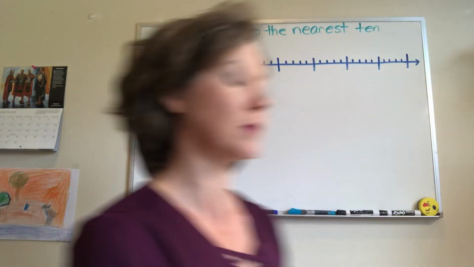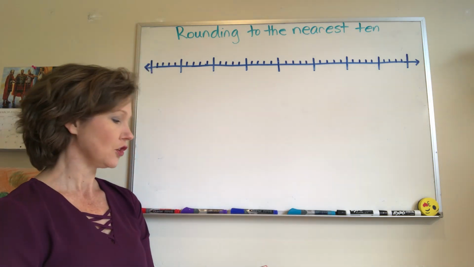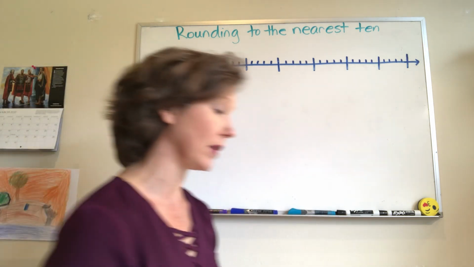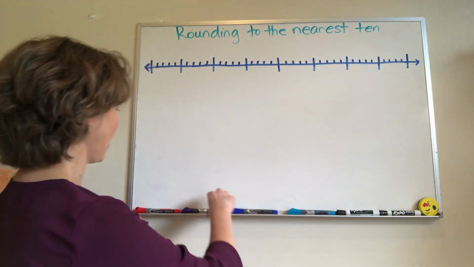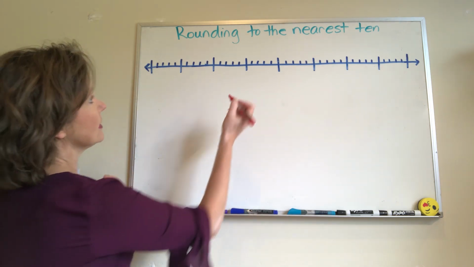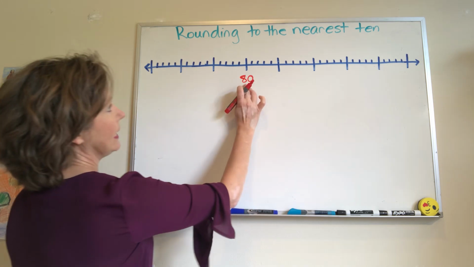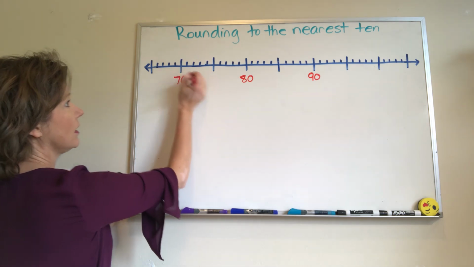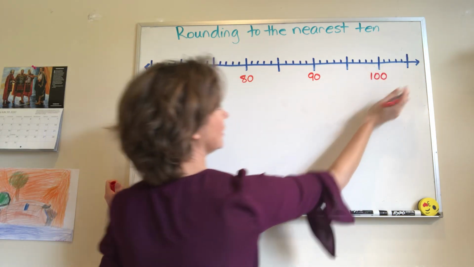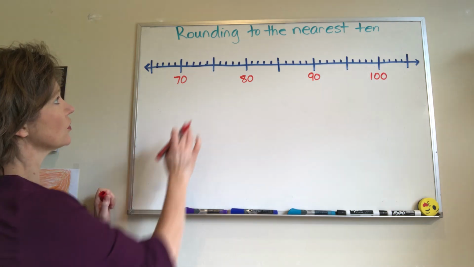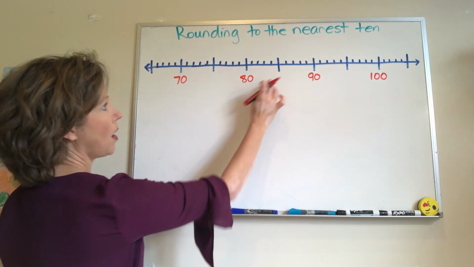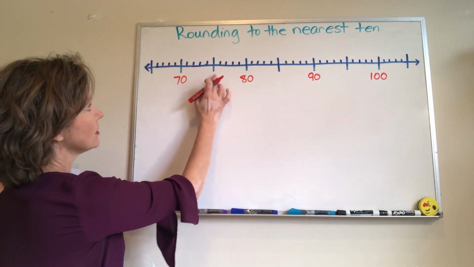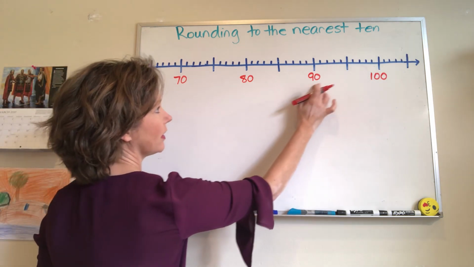If you have your textbook open, we are going to be doing some of the things here starting on page 28. So you're welcome to follow along with me. The first thing I want you to see is that if I start here with this being 80 and this being 90, if this were 70 and this were 100, each long tick mark would probably be what amount? 70, 75, 80, 85, 90, 95, 100.